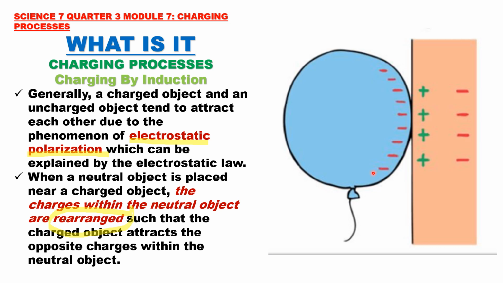Dahil ang ating balloon ay negatively charged, yung mga positive charges sa wall ay mare-rearrange at siya yung mapupunta dito sa part na malapit doon sa balloon. Kaya nagkaroon ng attraction sa pagitan ng ating charged balloon at neutral wall.